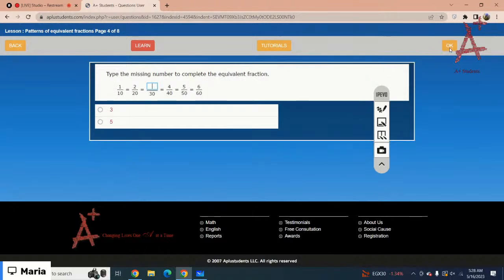Okay, type the missing number to complete the equivalent fraction. So which number is missing? Yes, the missing number is 3.